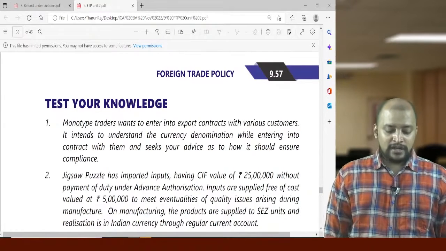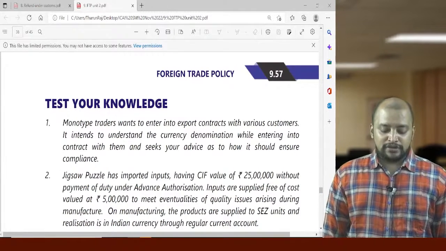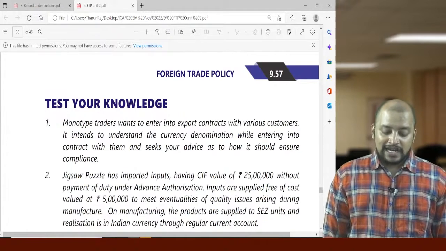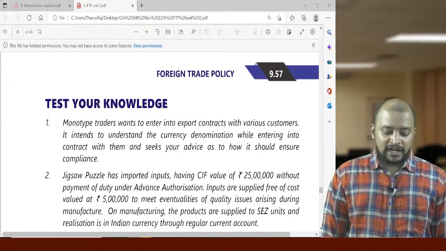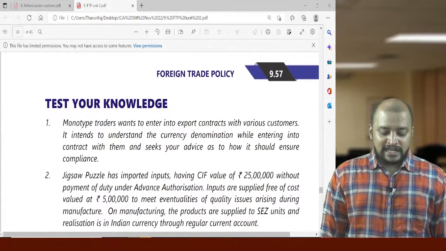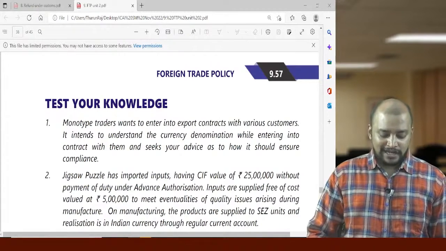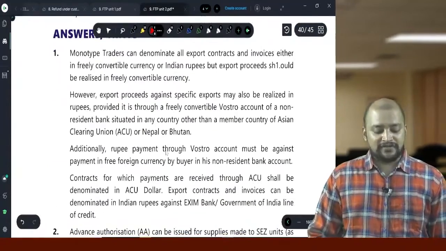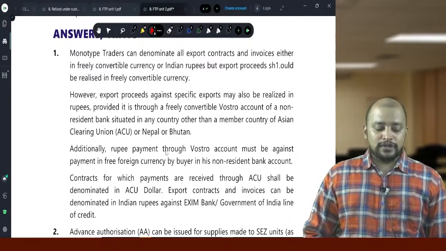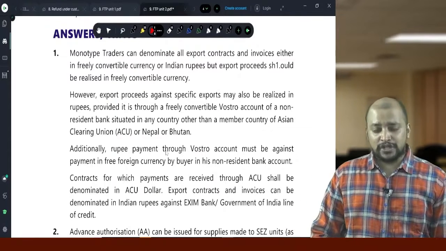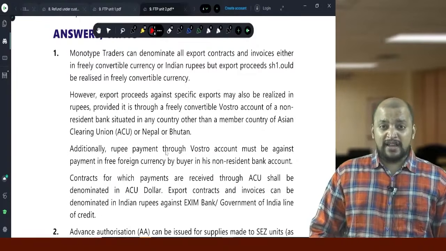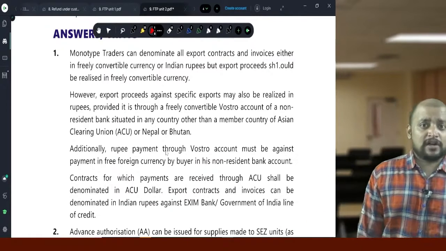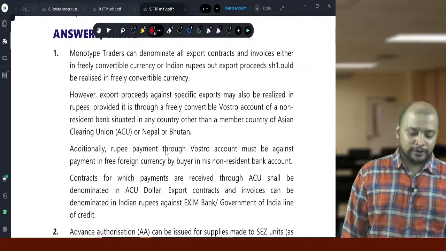Question number 1. Monotype Traders want to enter into export contracts with various customers. It intends to understand the currency denomination while entering into contracts with them and seeks your advice as to how it should ensure the compliance. In order to get the incentives under the foreign trade policy, the contracts should be in convertible foreign exchange only. But wherever it is permitted by RBI, that is for Nepal and Bhutan, the contract can be entered into in Indian rupees also.